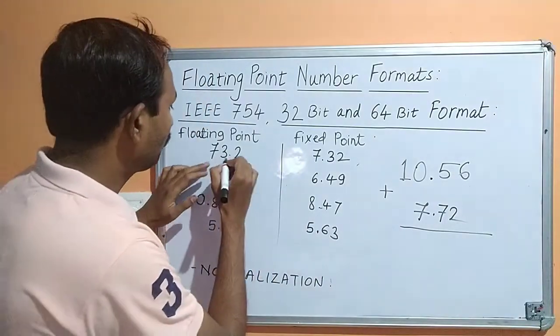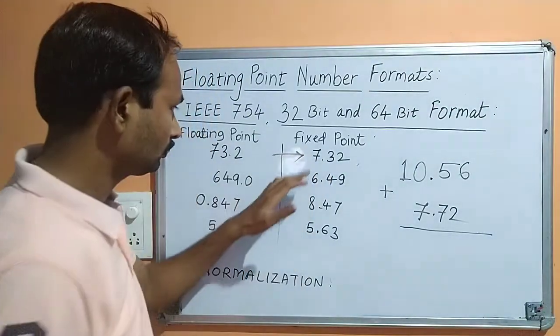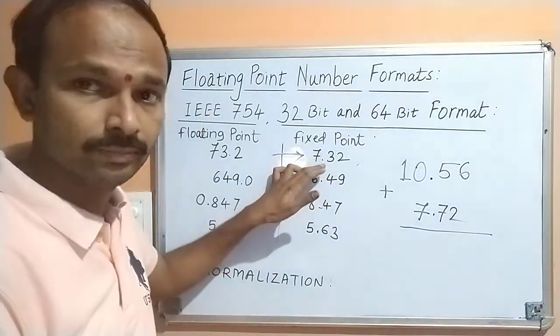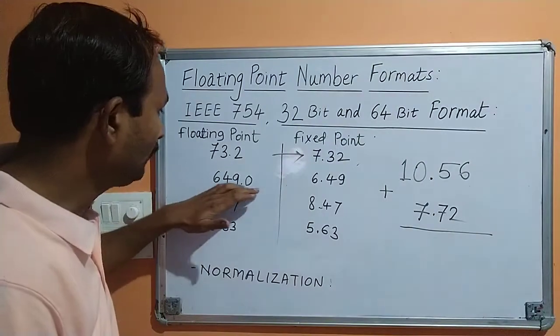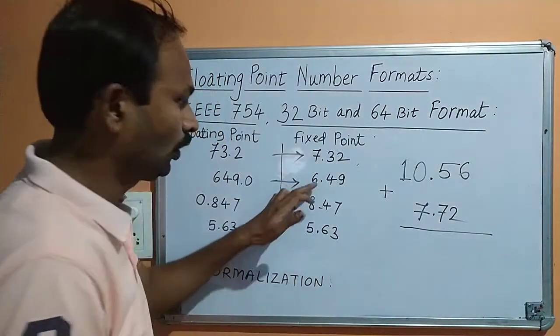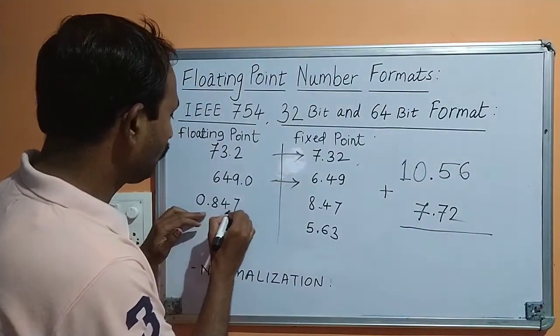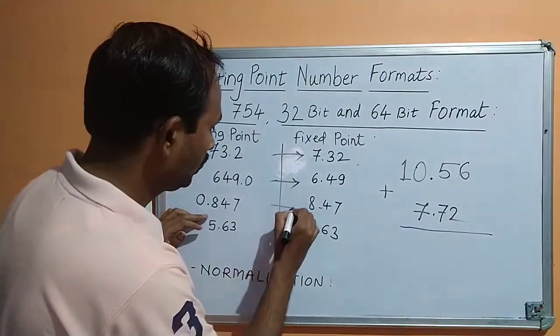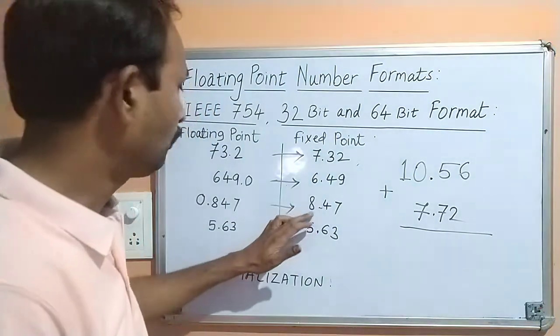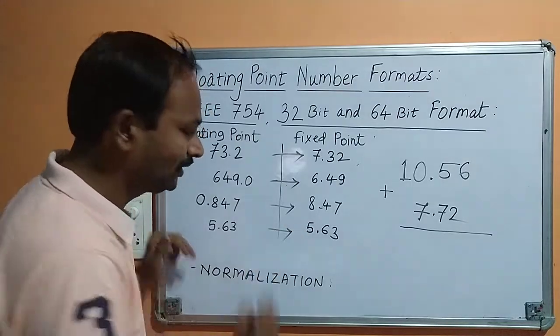So 73.2 is converted into 7.32, 649.0 is converted into 6.49, 0.847 is converted into 8.47, and 5.63 is kept as it is.